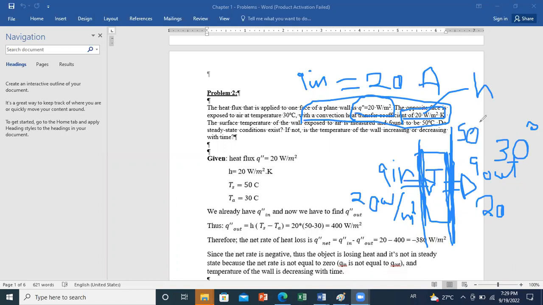Because of this temperature gradient, you will have loss of heat from the surface towards the outdoor environment. Since 50 is larger than 30, your wall will lose heat towards the environment. And this heat loss can be calculated as a convective loss, equal to h times A times delta T.